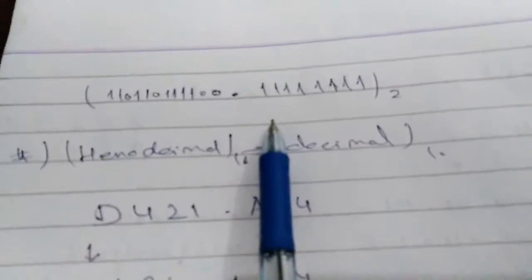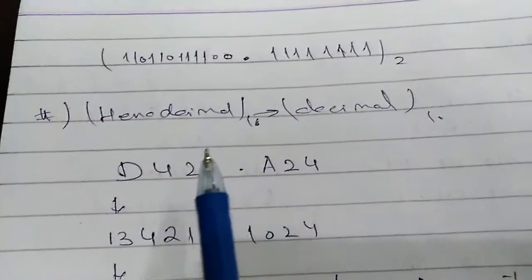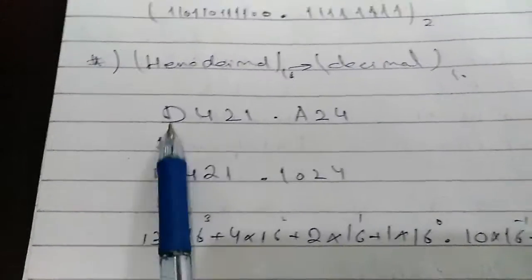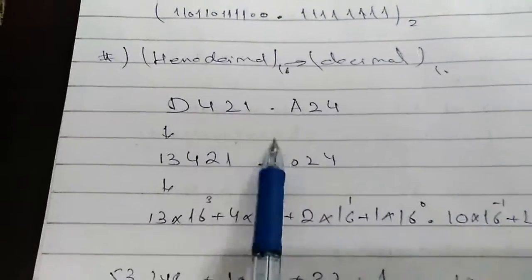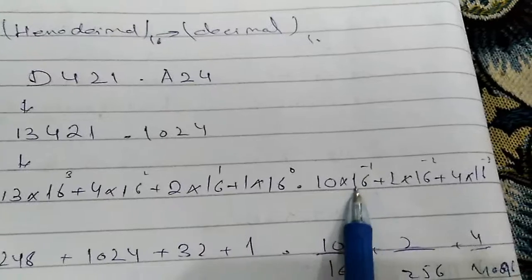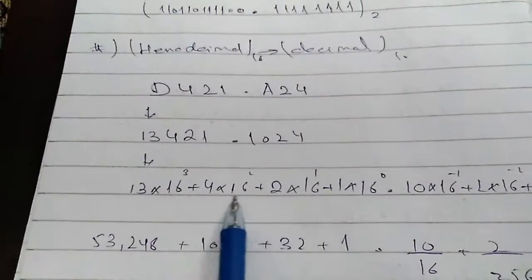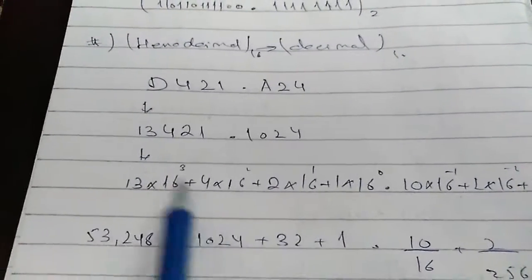Now hexadecimal to decimal conversion is easy, not difficult. If we have an example with a decimal point like this, after the decimal point we take 16 to negative powers, and before the decimal point we take 16 to positive powers, increasing as 16 power 0, 1, 2, like this.